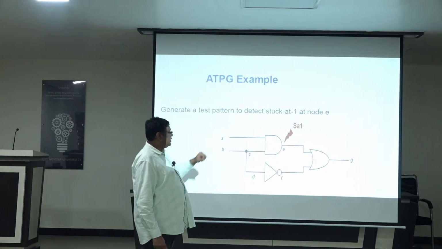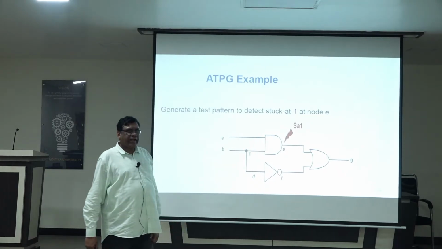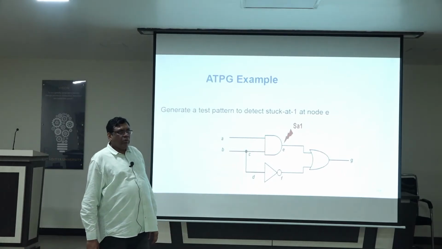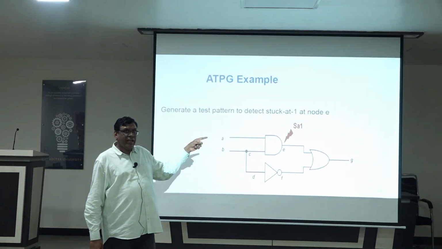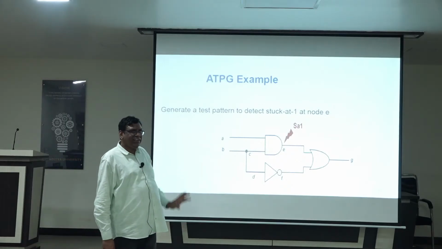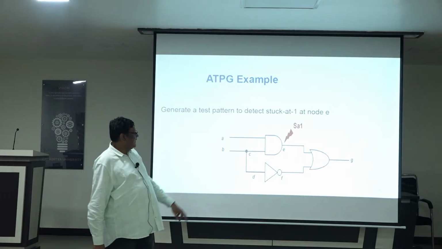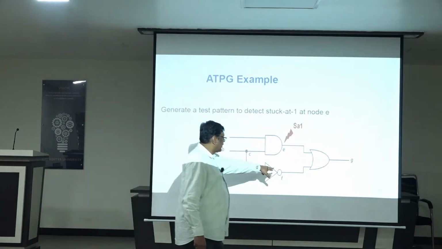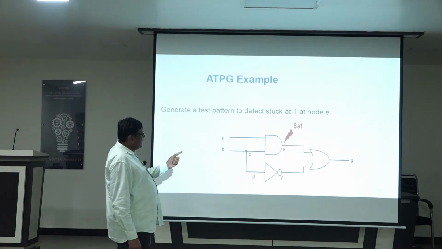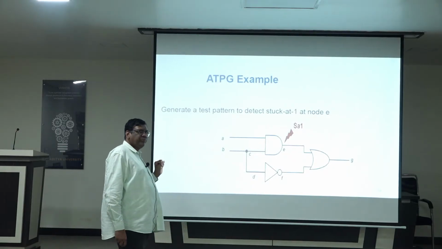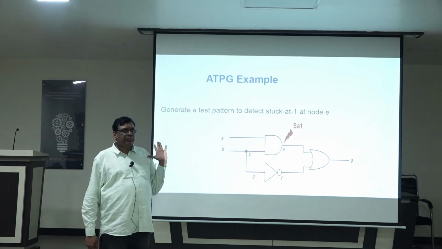Can I make a 0 here with the AND gate? I can make it, which means I can control E. Can I observe that value on the output G? If I give 1, 1, what is the value of this OR gate? It will be 0, so that value can be observed on G.